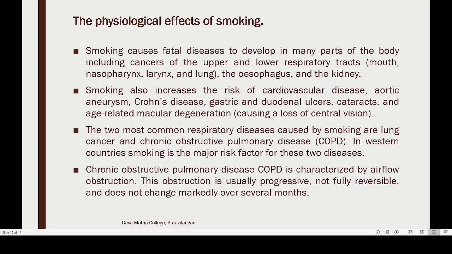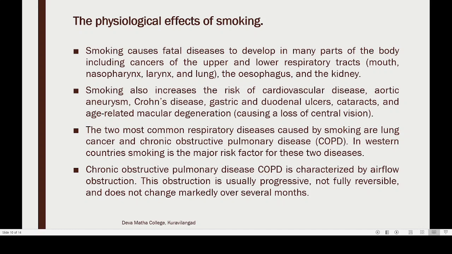So basically it will be affecting your lungs as well as your respiratory tract. So what are the areas? Mouth, nasopharynx, larynx, lungs, esophagus, and kidneys will be affected. So these are the areas where the health effects of smoking can be observed.